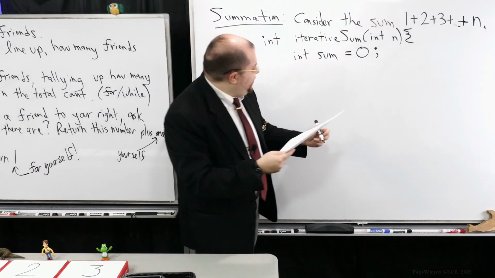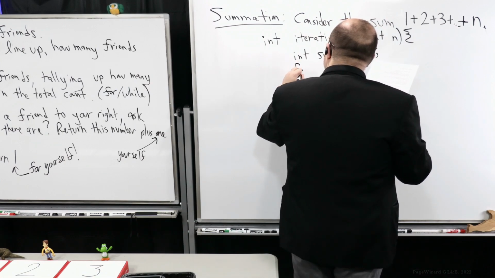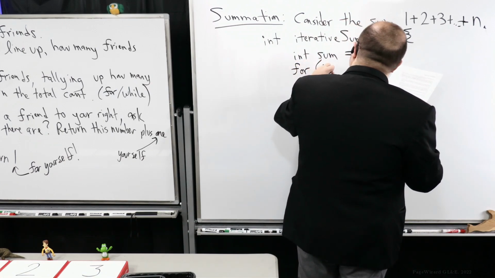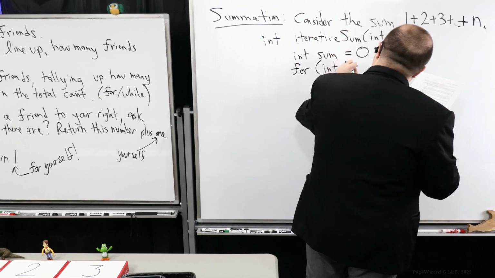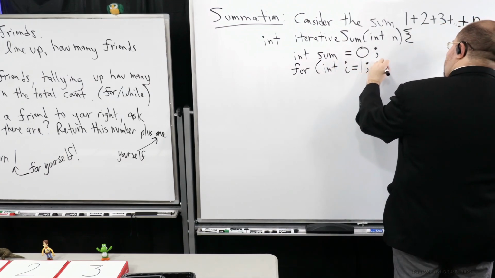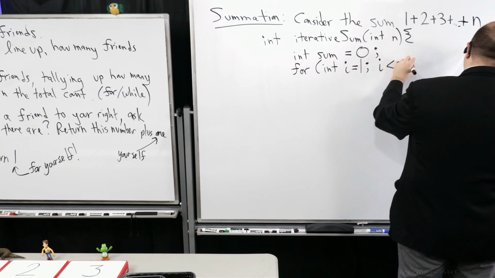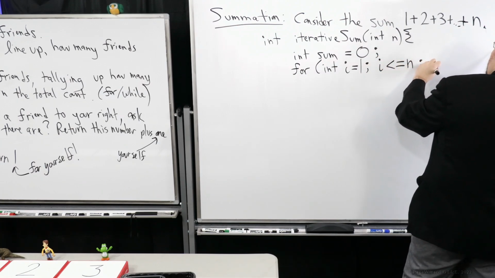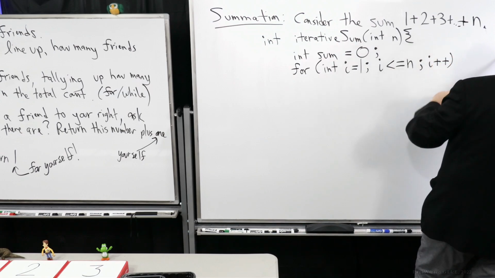So here we go. I can go for int i is assigned 1, i is less than or equal to n, i plus plus. So I'm going to increment i.